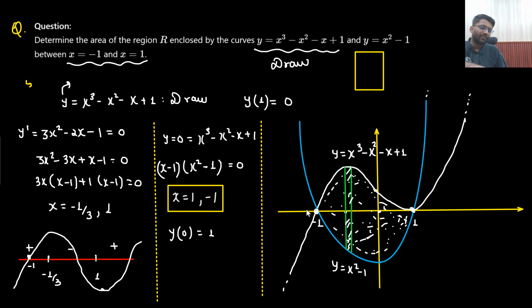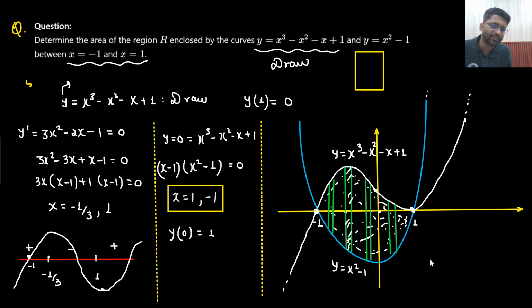And then you take the integration. Anywhere you take the strip, here also you take the strip, the same definition would be there. Everywhere the definition would be the same only.